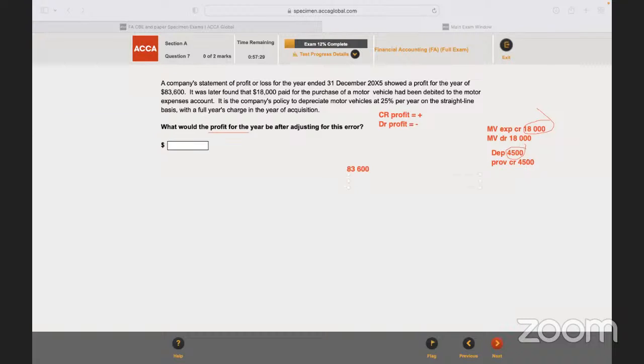So over here, we have 18,000 positive. On the other hand, look at this one. Depreciation, debit. Debit means profit is going to reduce. So you subtract 4,500. Now you get your answer. Check and see how much it is going to be. 83,600 plus 18,000 minus 4,500.